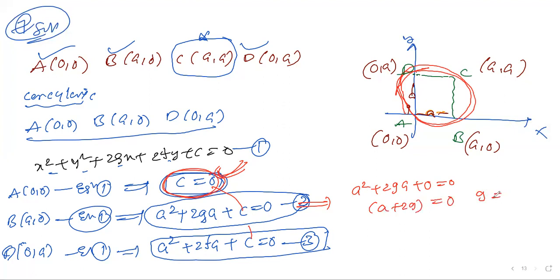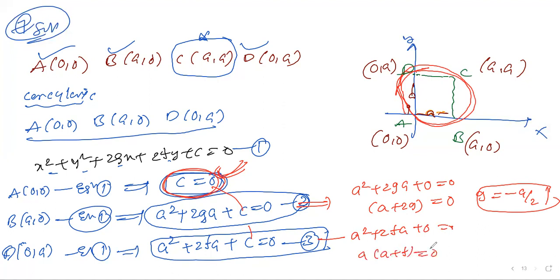Therefore, g is equal to minus a by 2. Similarly, if you go for here, a square plus 2fa plus 0 is equal to 0. If I take a common, a plus 2f is equal to 0. Therefore, f is equal to minus a by 2.